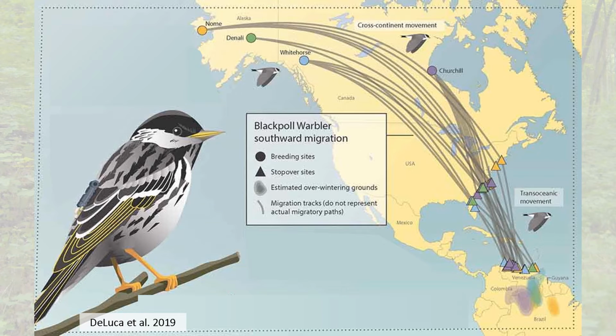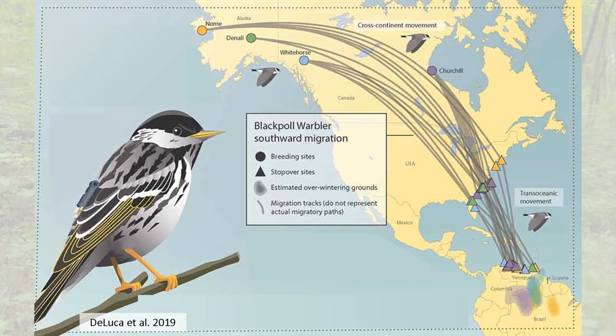This is an example from DeLuca et al. 2019. It's a scientific paper, and I've kind of removed some of the details just to simplify things a little bit here. But what these researchers did is they put these teeny little tracking tags on blackpoll warblers that were captured throughout the boreal forest. And you can see these arcing movements are where the birds traveled. So this is the capture location, the circle.